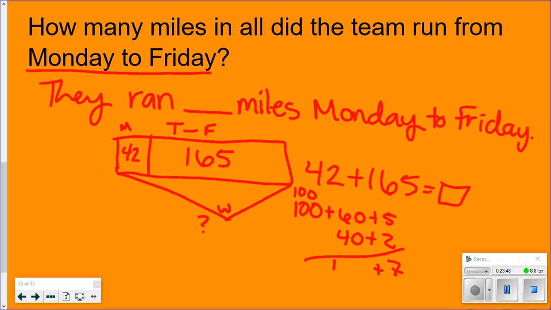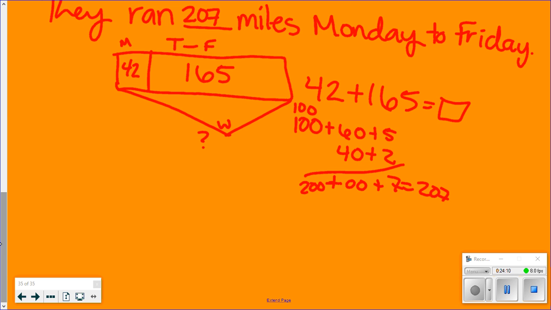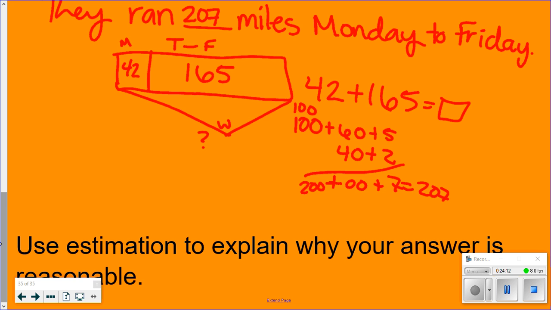Was there anything left over when I did that move? No, just 0. 100 plus 100. So my team from Monday to Friday ran 207 miles. That is a lot. I can barely even run it.